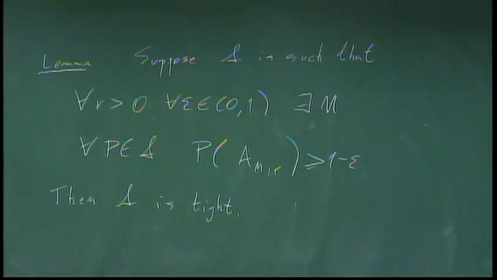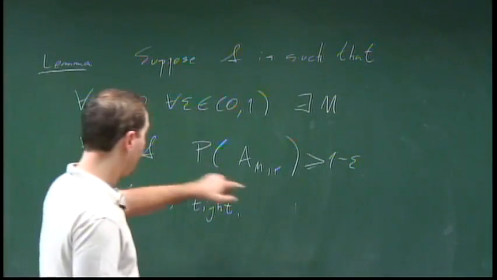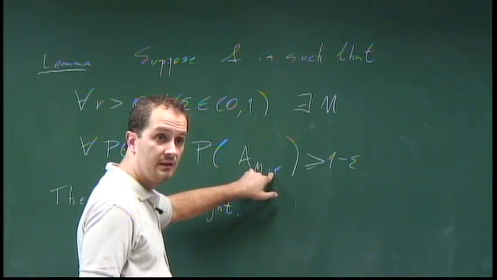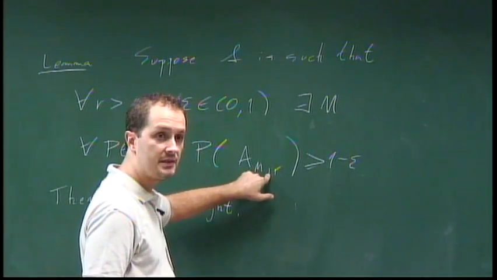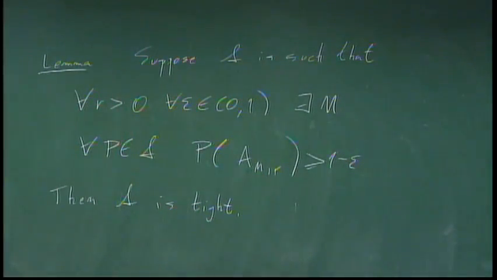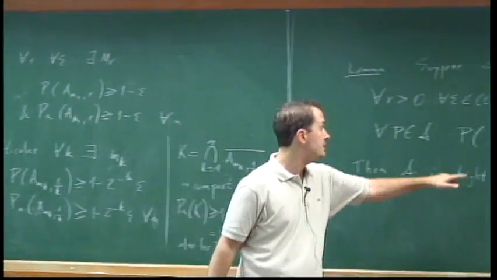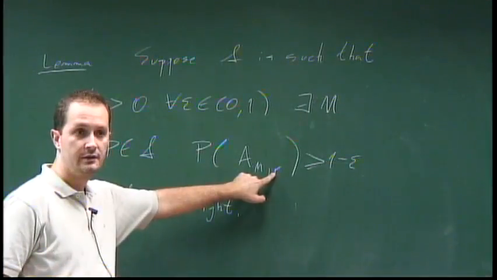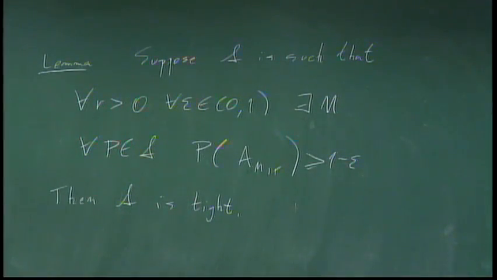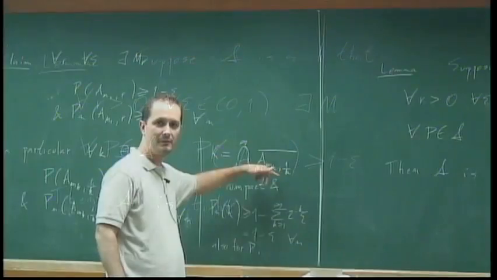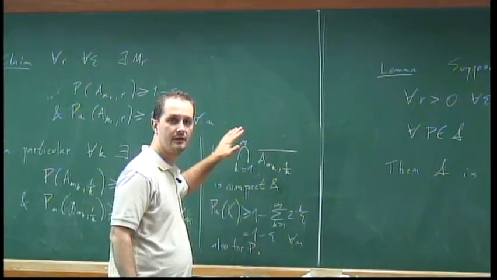And the proof is more or less implicit in what we did, right? If we can always find these sets, then we can find a sequence of these sets with measure larger than 1 minus 2 to the minus k times epsilon, and with radii decreasing. And we know that when you take these sorts of intersections of closures, you always get a compact set.